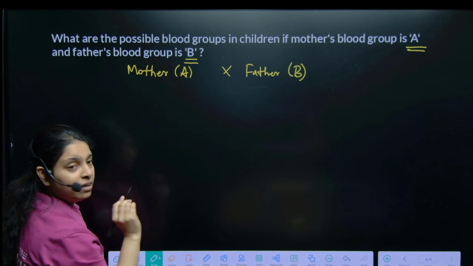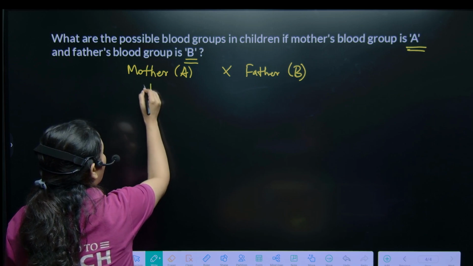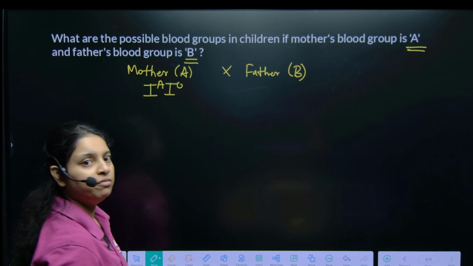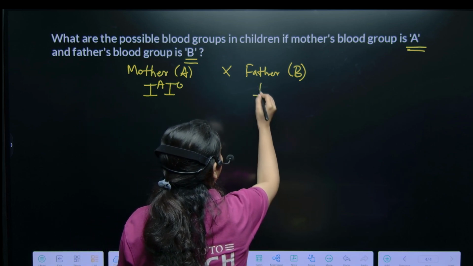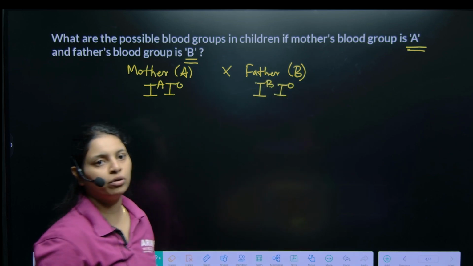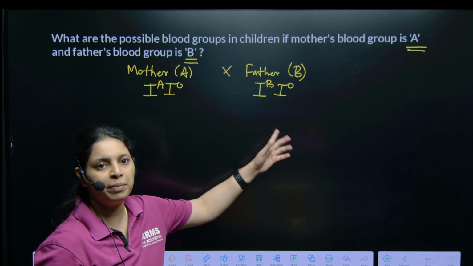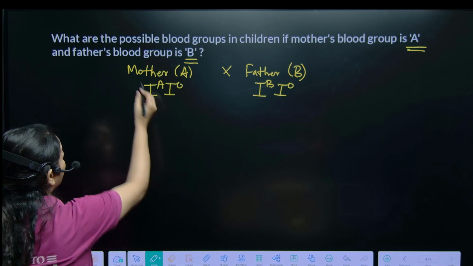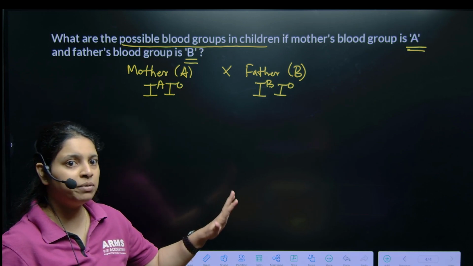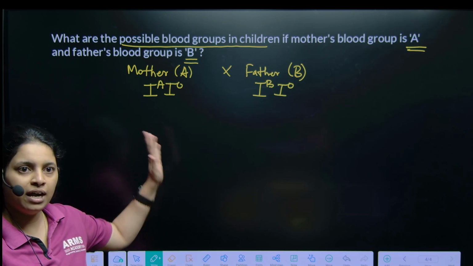We will take hybrid. So we have IA IO, and for father, we will take IB IO. Technically it could be IAIA or IBIB also, but we have to find all the possible blood groups in children. So if you have to find all the possibilities, just take hybrid and start solving.